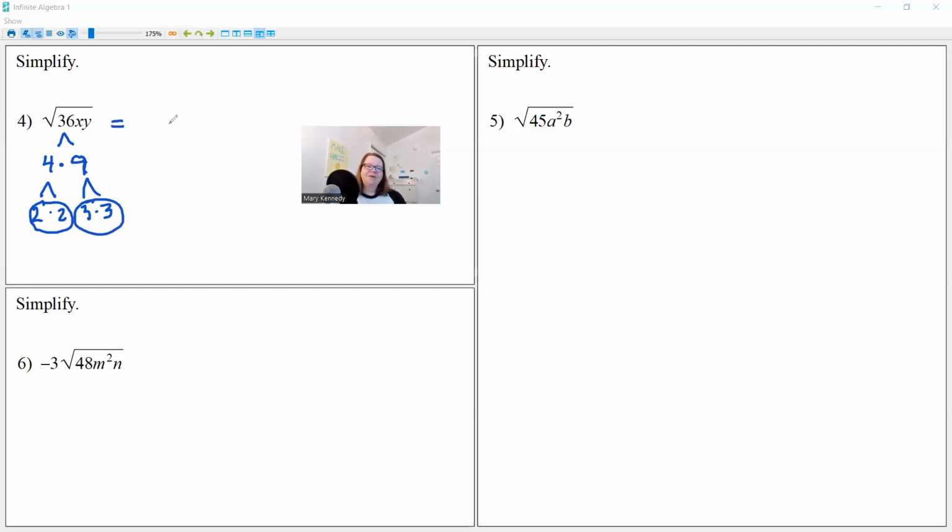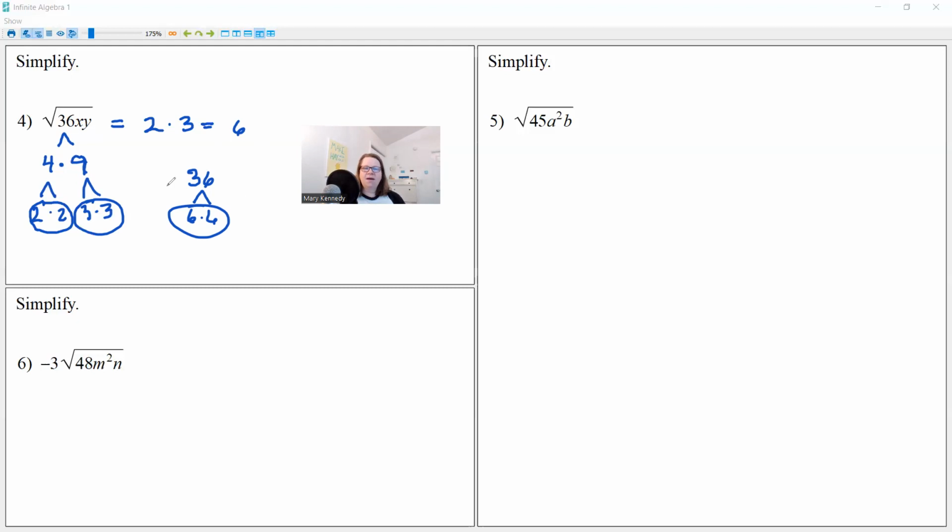And so I know that 2 times 3 is going to be what I have here in terms of the number part, which is 6. And think about it. 36 is 6 times 6. That's a perfect square, right? A pair of 6s makes a perfect square. And so the square root of 36 is just 6. So either way that you thought of it, you should still get 6.